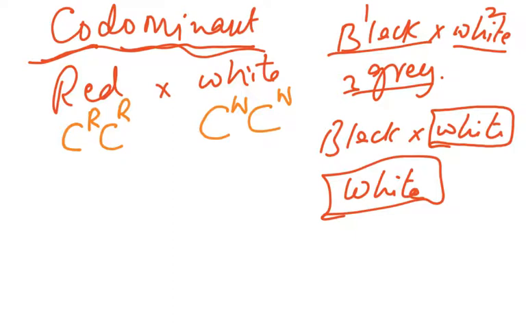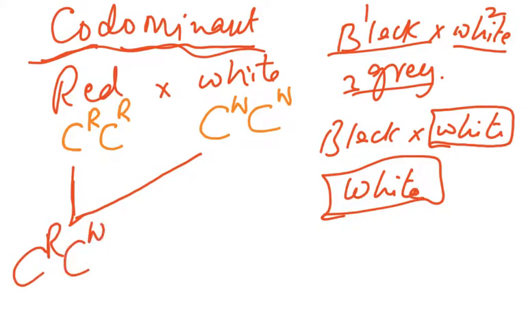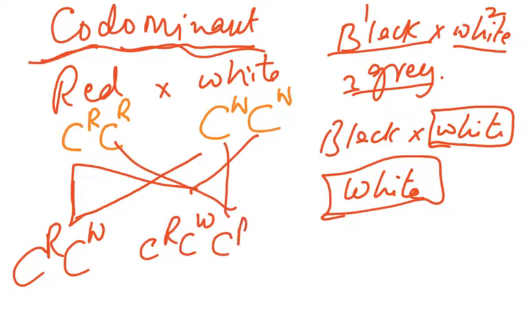Because what is the phenomena? You have this one crossing over, this is the one which is going to fertilize this one. So we have CR, CW, and then all of them are the same. So all of them are pink.